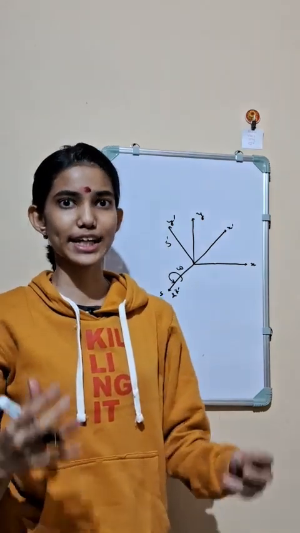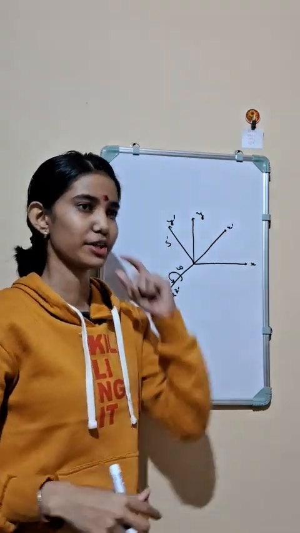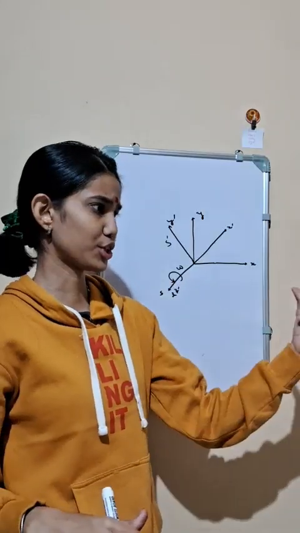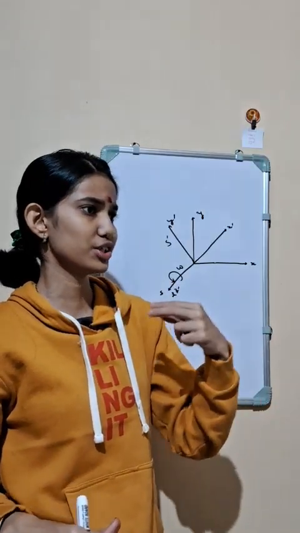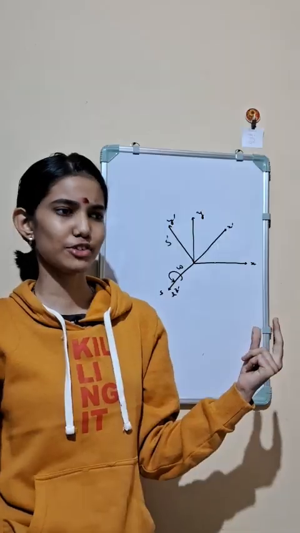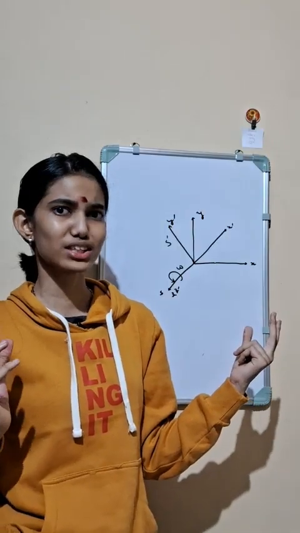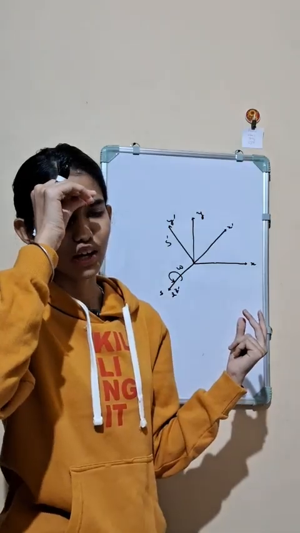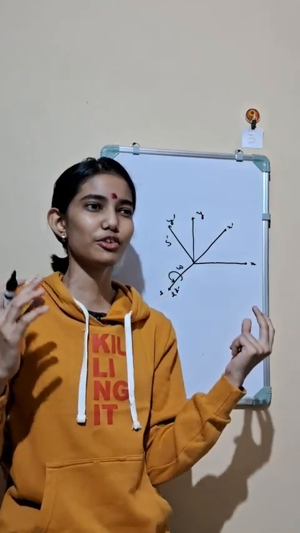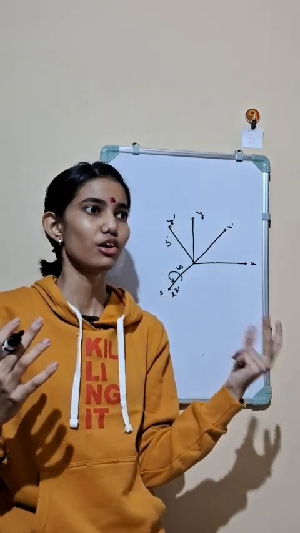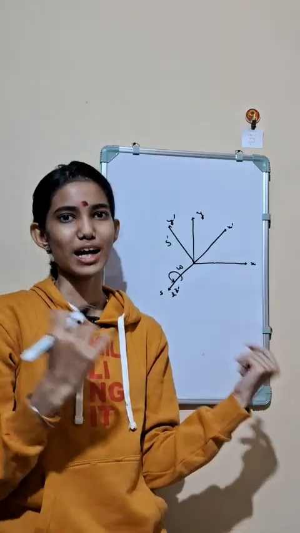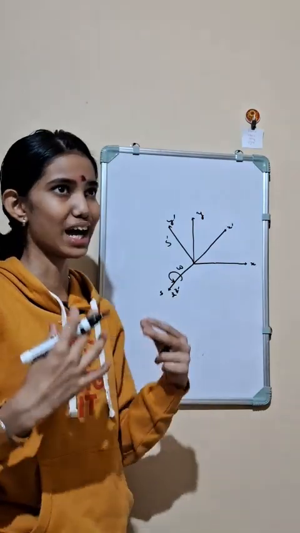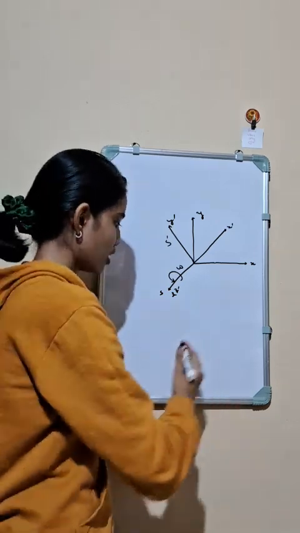We know about relative velocity, right? What is relative velocity? If I am traveling at 60 km per hour in a direction and my friend is also traveling at 30 km per hour in the same direction, then my friend's velocity for me will be minus 30, right? Because for me, I am at rest, I am not traveling.